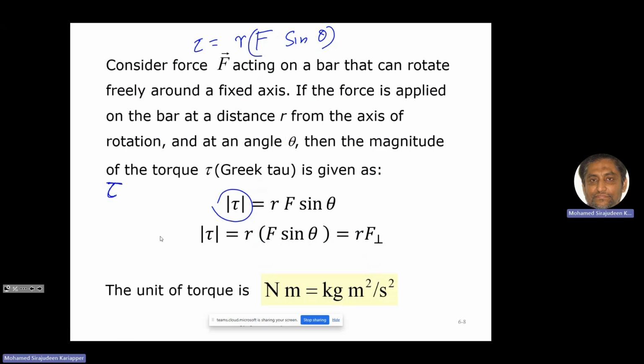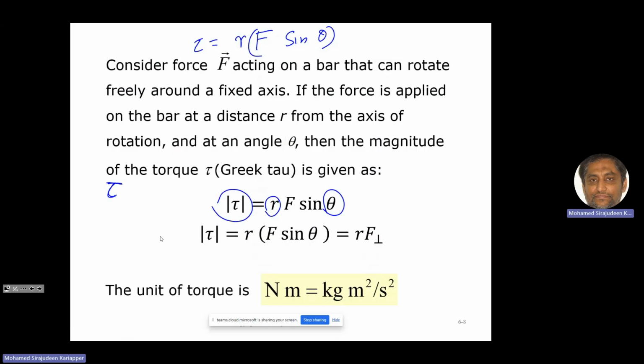The magnitude is simply equal to R F sine theta, where R is the distance from where you want to take the torque, in other words, the pivot point or the rotation axis, to where the force is applied. And F is the magnitude of the force. Theta is the angle between the vector R and the vector F. The R, if I take it as a vector, is drawn from where you want to take the torque to where the force is applied.